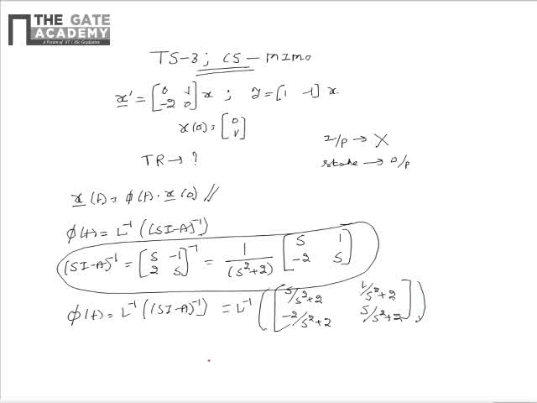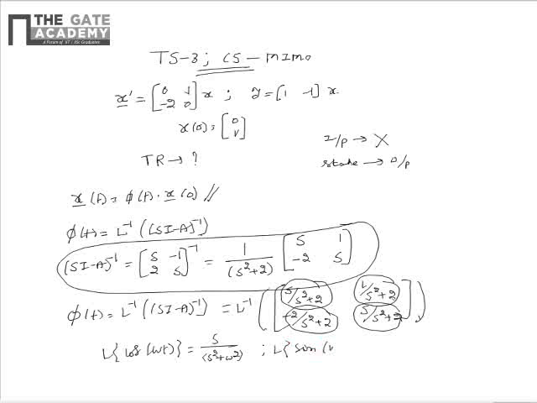So here phi of t is equal to the inverse Laplace transform of each of these individual terms. We know that Laplace transform of cos omega t is equal to s by s square plus omega square. We also know that Laplace transform of sin omega t is equal to omega divided by s square plus omega square.